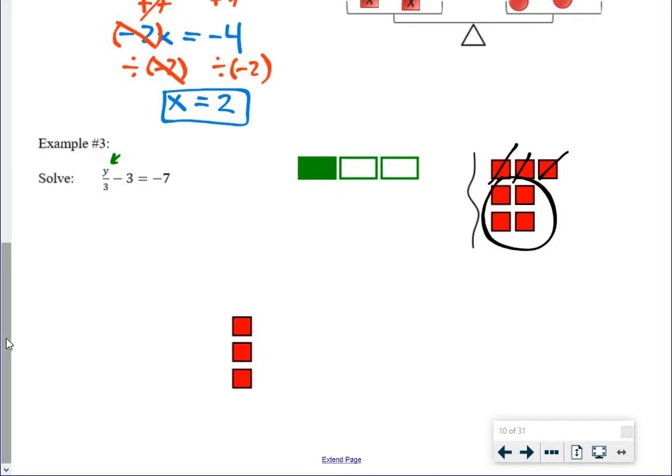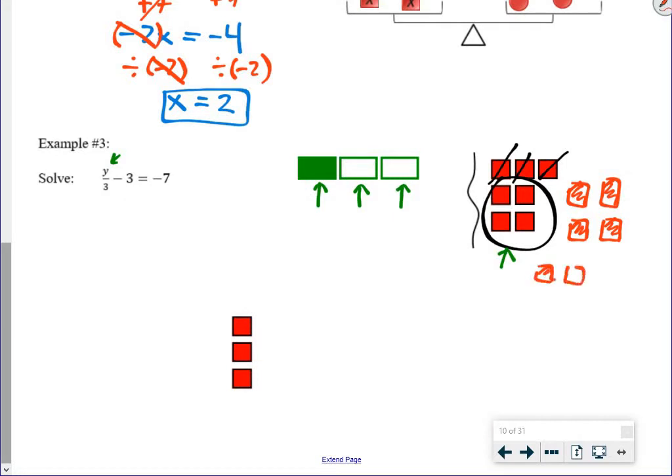1/3 represents 4. So if I were to fill this in, I'd get another 4. So 4 more of those. And if I were to fill in that one, I would get another 4 on top of that.